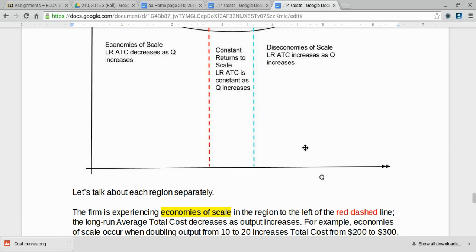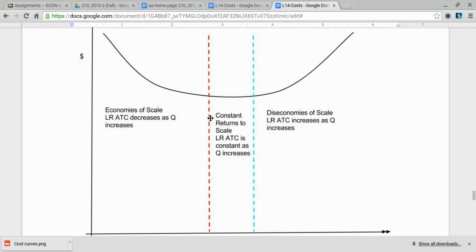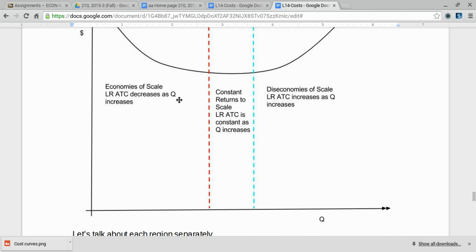The firm is experiencing economies of scale to the left of the red dashed line. In this region, as output increases, the long-run average total cost curve decreases, which means the long-run average total cost curve has a negative slope.